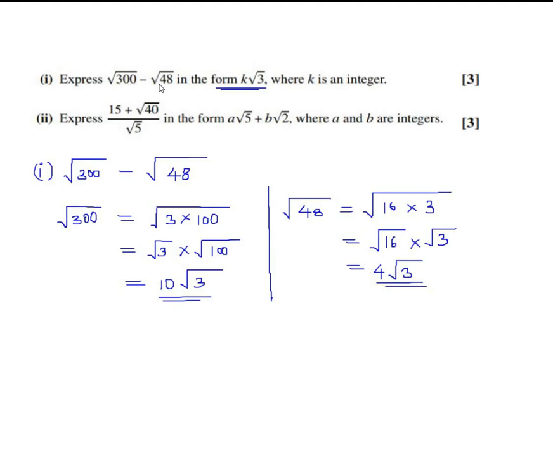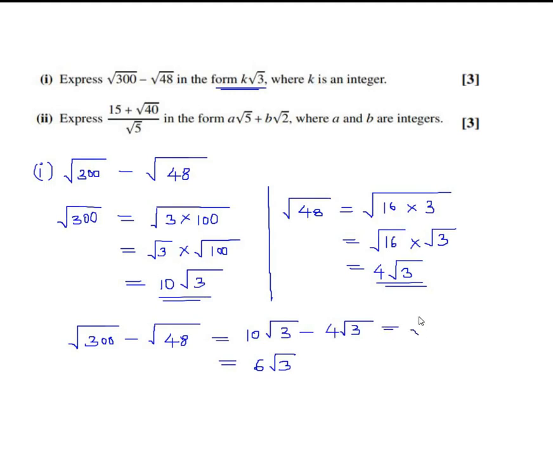Now we have to just combine these two values which we have got. So square root of 300 minus square root of 48 could be written as 10 root 3 minus 4 root 3, which we get as 6 root 3, because 10 minus 4 is 6 and square root of 3 is a common term.